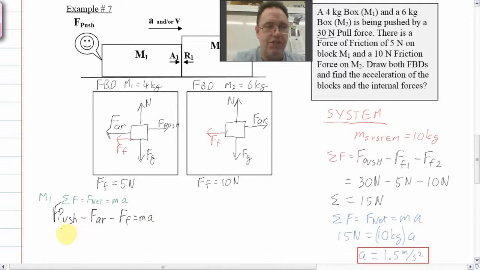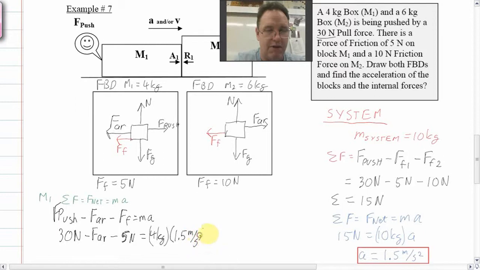And the push here is 30 newtons, minus FAR, minus the force of friction, minus 5, is equal to MA, 4 kilograms times the acceleration of 1.5 meters per second squared.